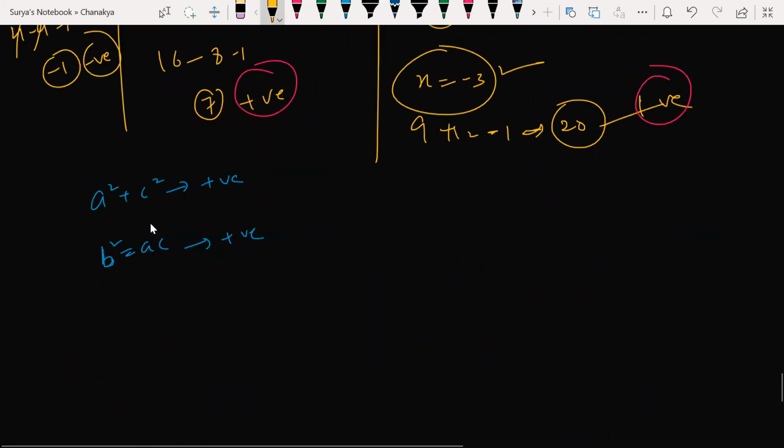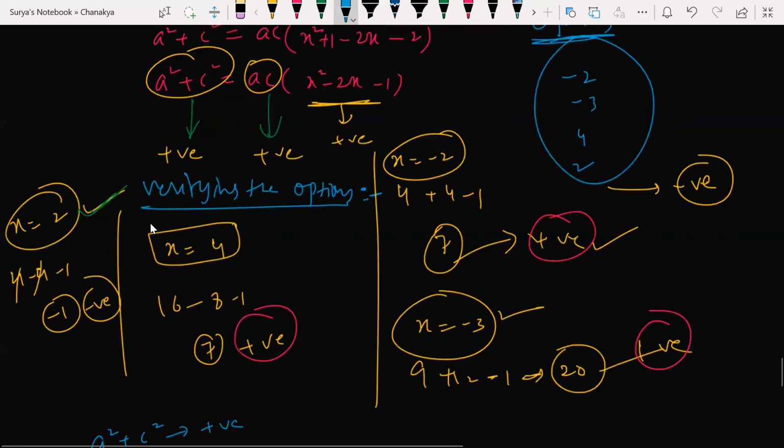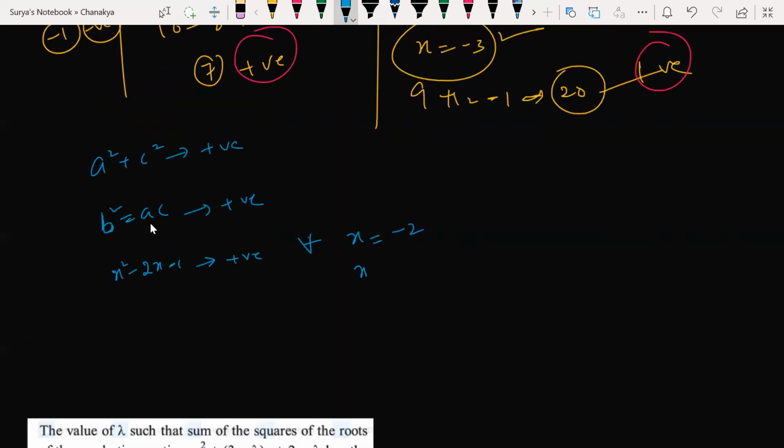How is it positive? Let me tell you. X square minus 2x minus 1 is positive for x value minus 2, minus 3, 4, but for x value 2, x square minus 2x minus 1 will be negative.